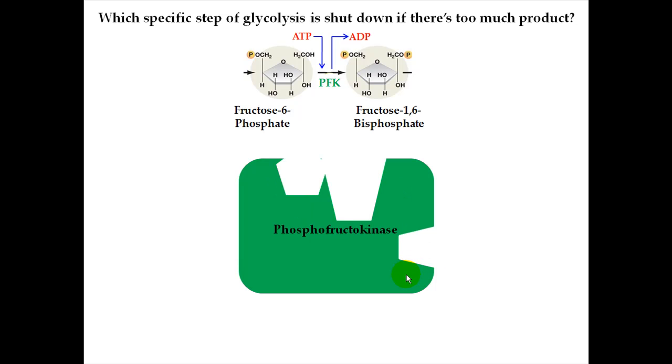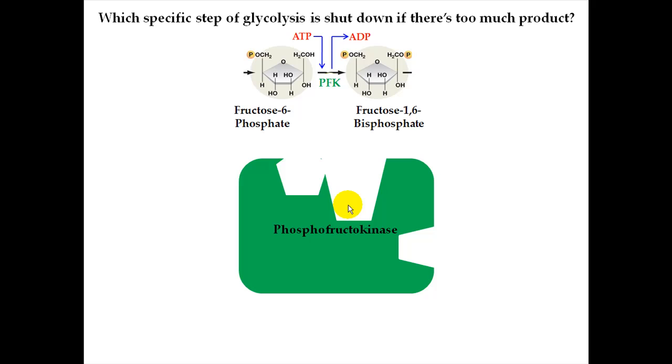So again, ATP can bind to both the active site and to the regulatory site. It turns out, though, that the active site has a higher affinity for ATP as compared to the regulatory site. In other words, there's a lot higher chance that ATP will bind here than it will bind here.